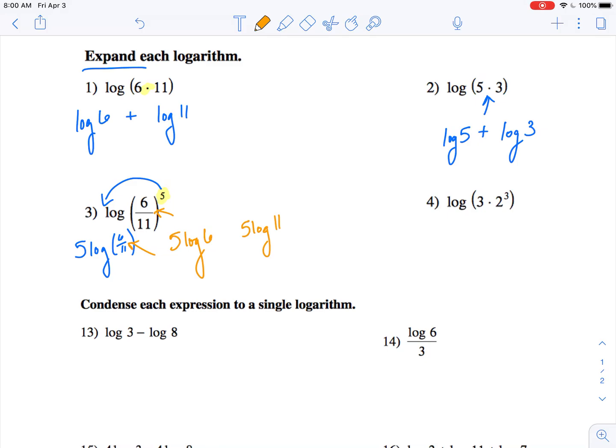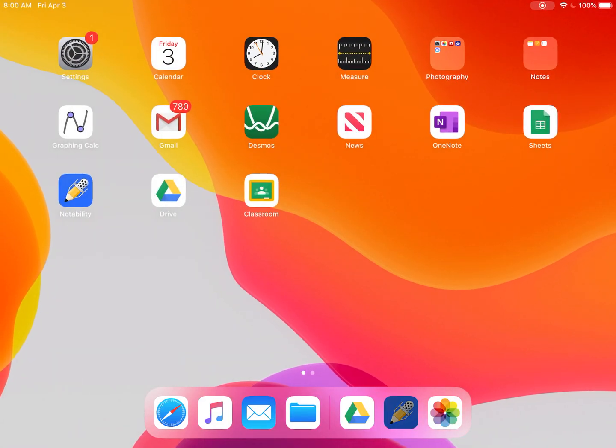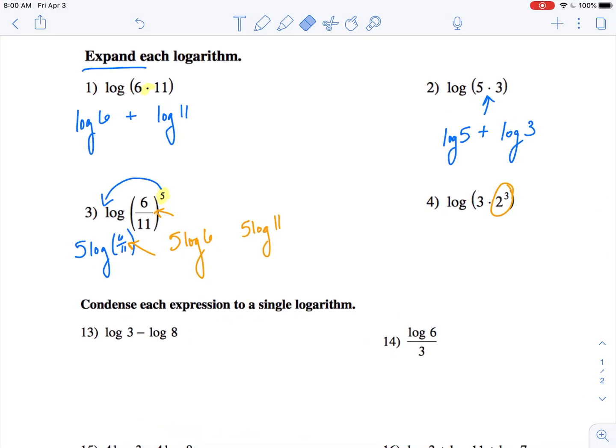But what if the exponent's in the parentheses? Well, I could simplify this and just make this an 8. 2 to the third is 8. Or, if I really wanted to, and what I'm going to make you guys do on your quiz, is instead of simplifying this, let's write this first as 2 logs.